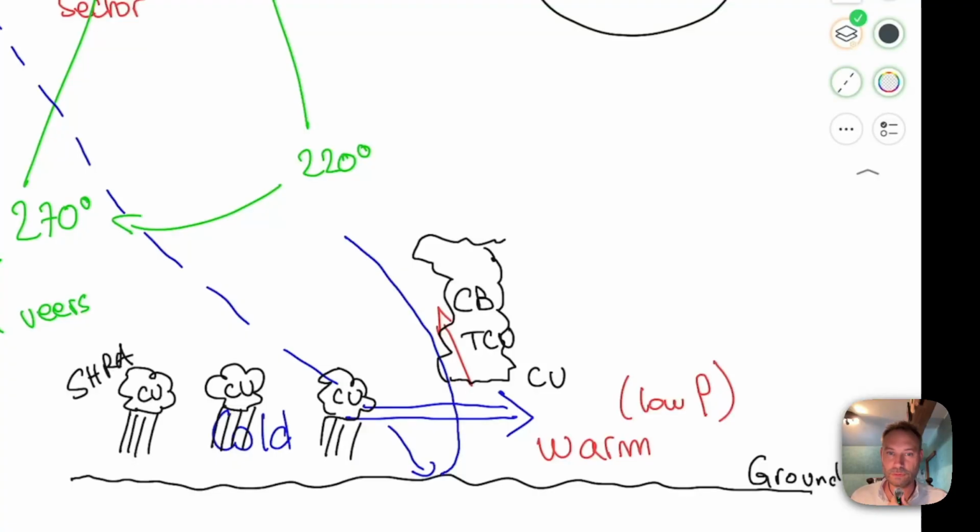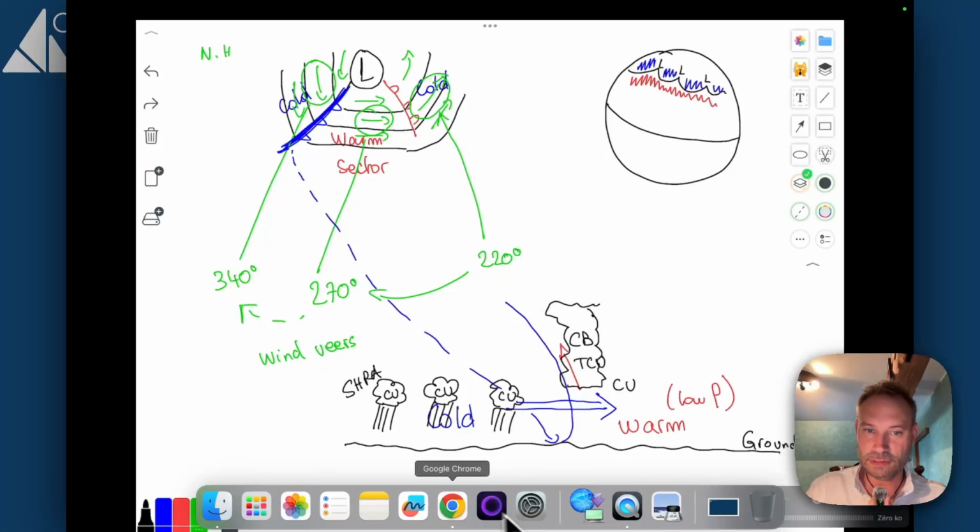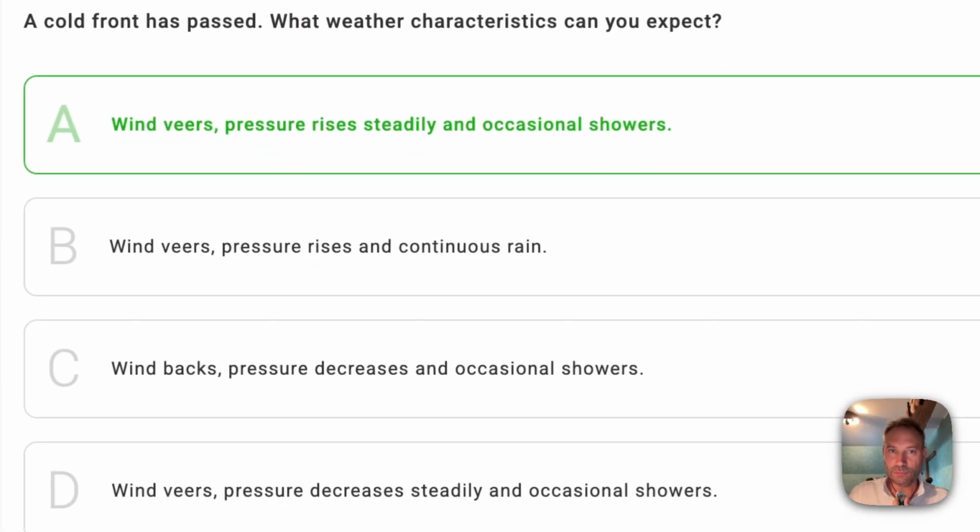We talk about un ciel de traîne, that refers to the fact that it's the air that is behind the cold front and that is associated with very good visibility, but associated with cumulus clouds and showers that last very short, but they are developed a lot behind these cold fronts. And that's it.